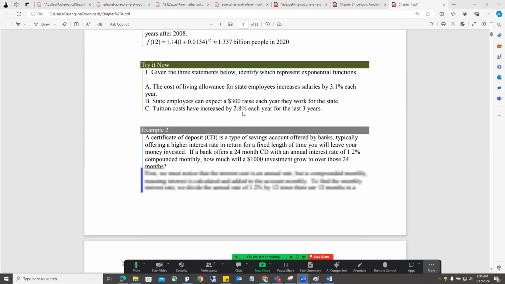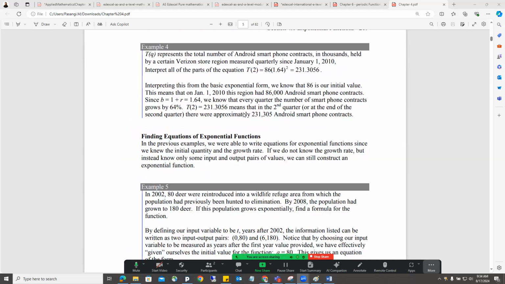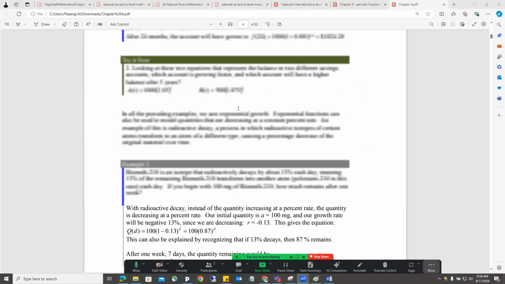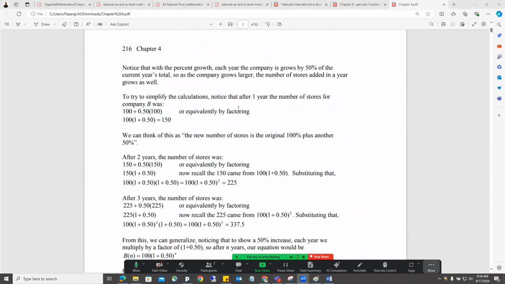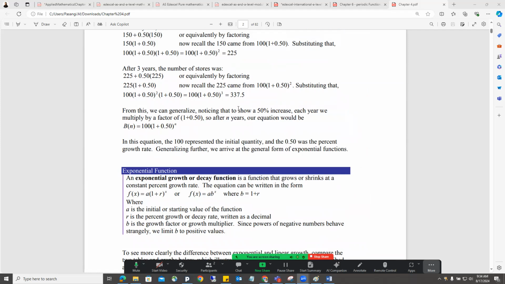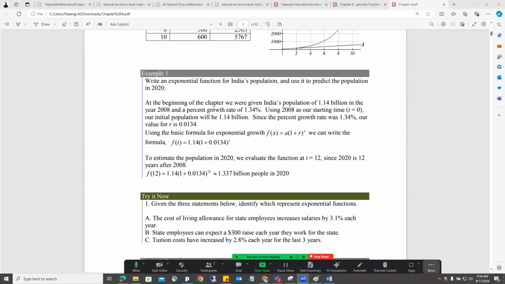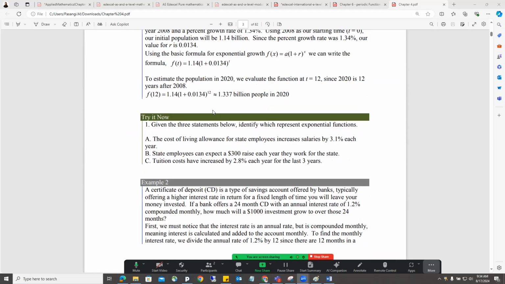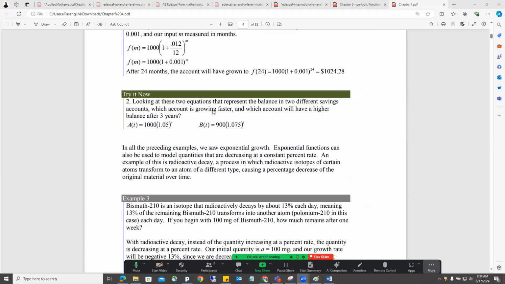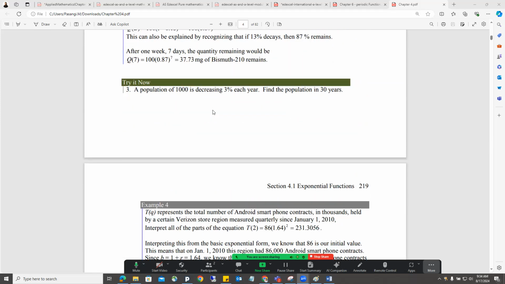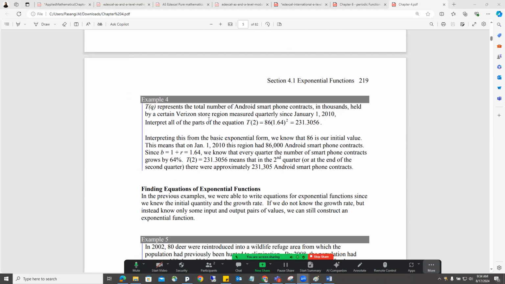Okay, so I think we did up to this point, right? We have to start. Where do we have to start? We did the exponential functions, as I can remember, and also we did these examples as well. And I ask you to try these ones.